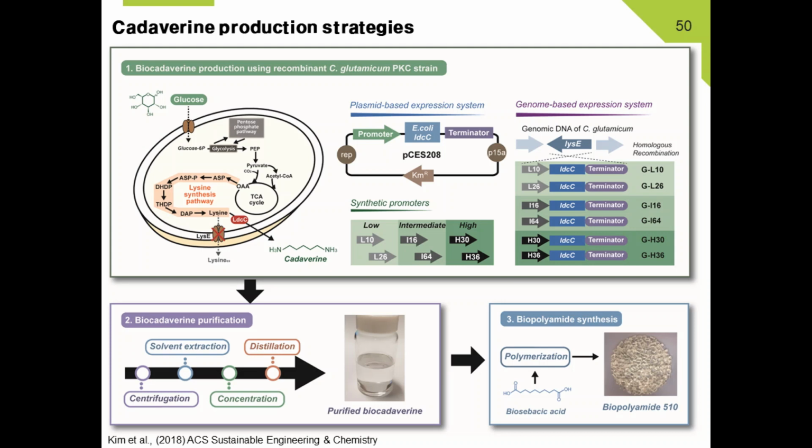For Corynebacterium, it needs heterologous expression of lysine decarboxylase from E. coli or other strains. Now, in this paper, we produced cadaverine from glucose using recombinant Corynebacterium glutamicum.